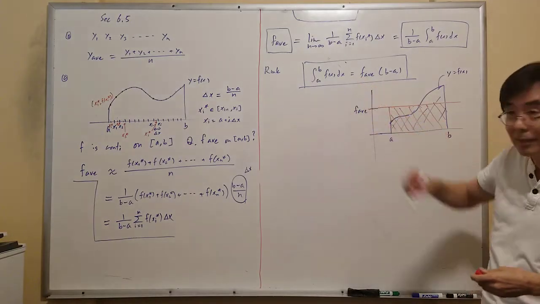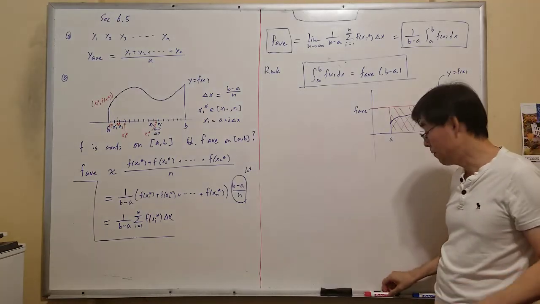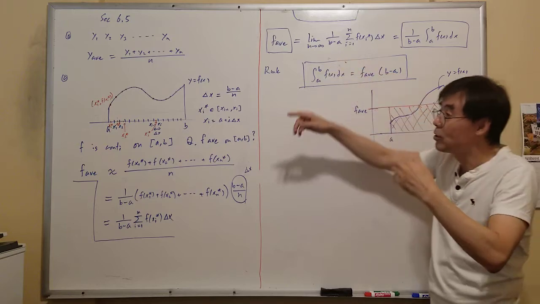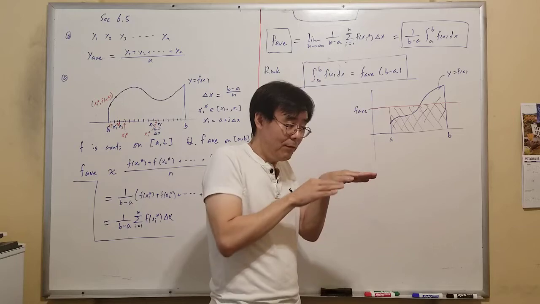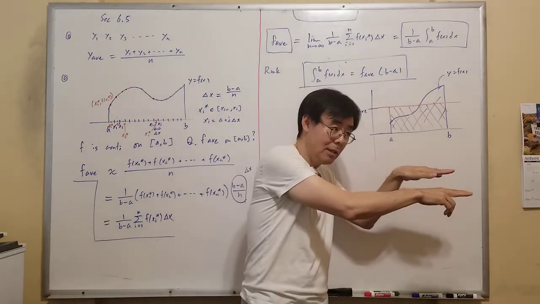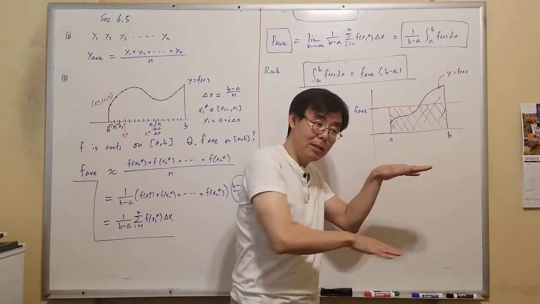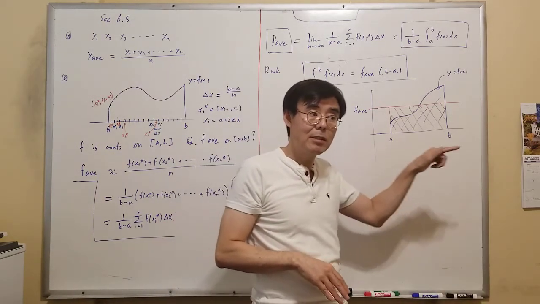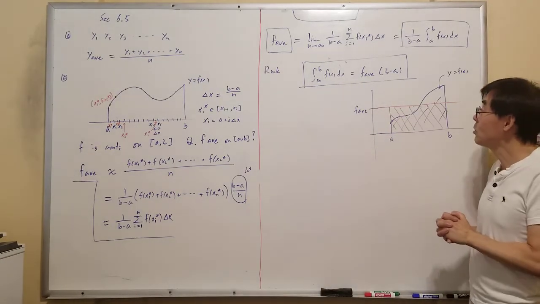That's the meaning of this rewritten version of the definition of average value of a function. So the average value is a constant value such that if you keep that constant value on the interval from a to b, then the net effect, the accumulation, the area of that constant function graph, must equal the definite integral of f of x, the area of the region under f of x.